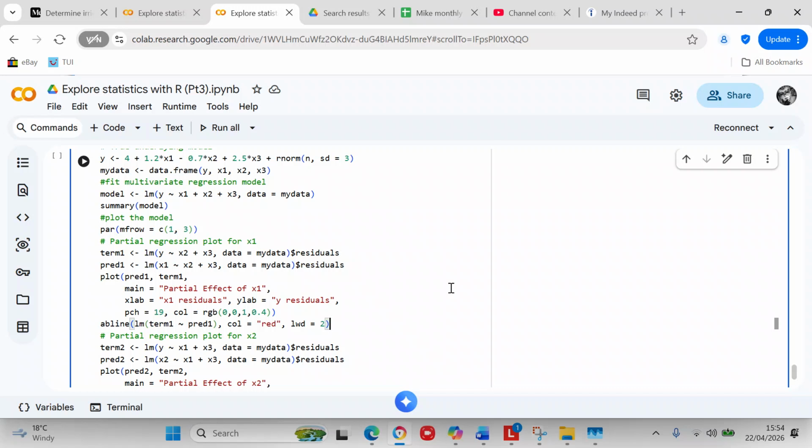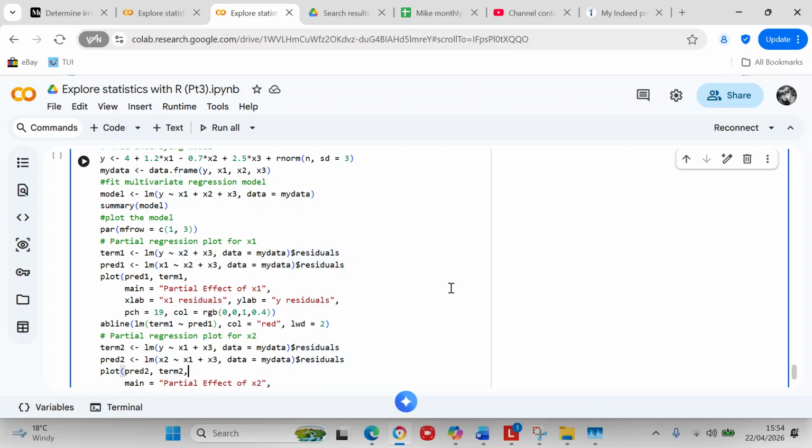And then we're going to put a line in the plot: abline(lm(term1 ~ pred1), col = "red", lwd = 2).